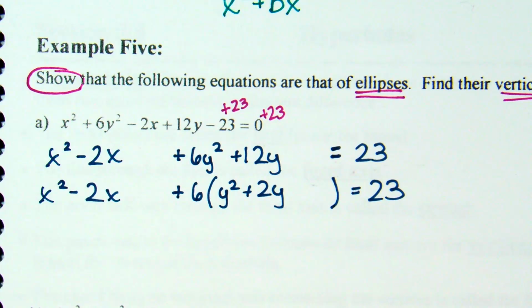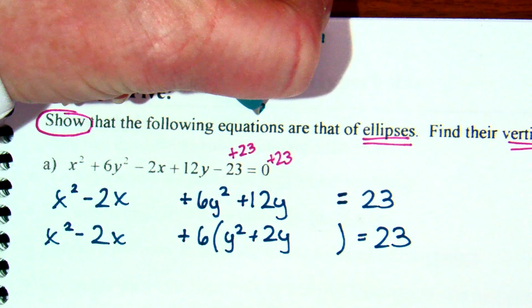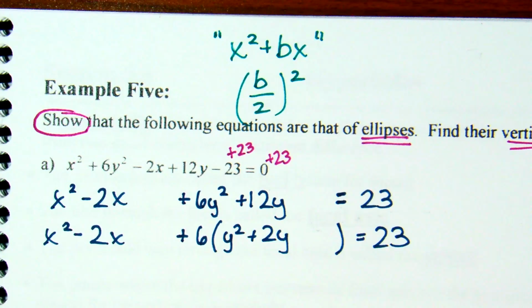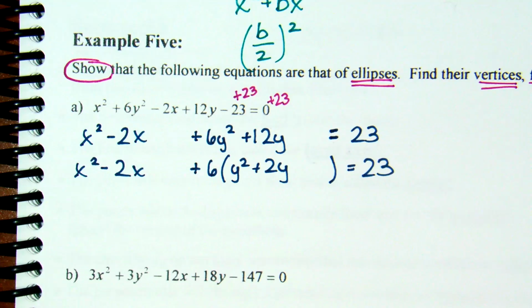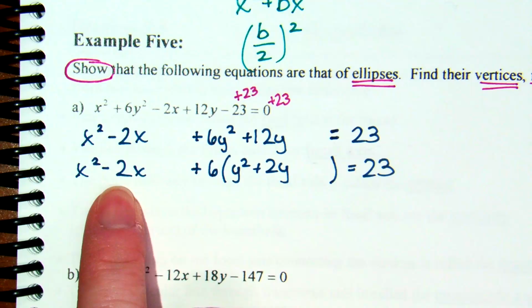Okay. $1 million question here. How do we complete the square? Nice. Got some remembrance here. B over 2 quantity squared. Okay, so with the x's, x squared minus 2x, what's my b value?